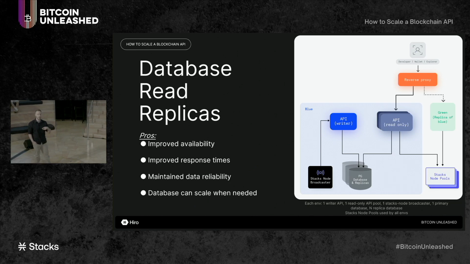What this means is that the Postgres database will now have one primary database that is receiving write events and writing to itself. And then you could have as many replicas as you want, which follow the primary and have an identical copy of all the data, synced with a very, very low sync time between the two. So you essentially now have a database that could scale with the APIs that scale.